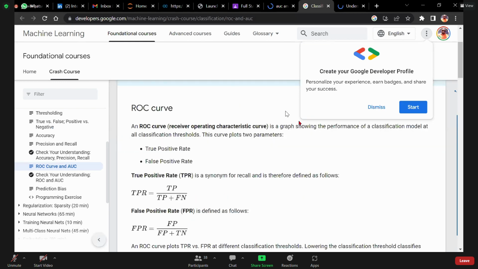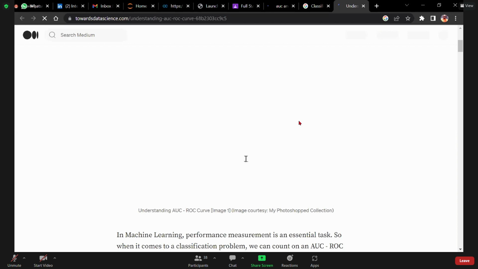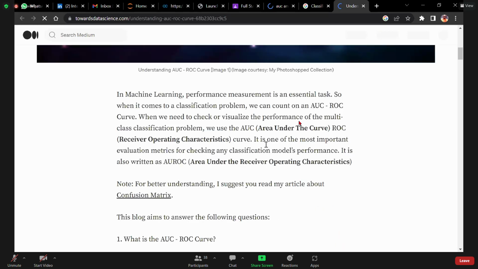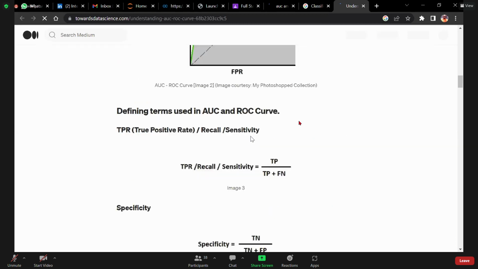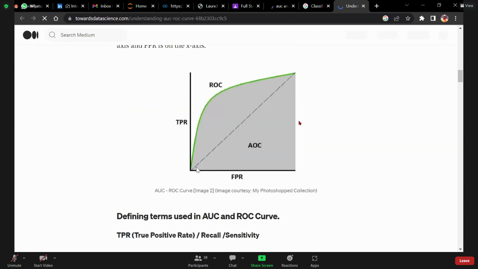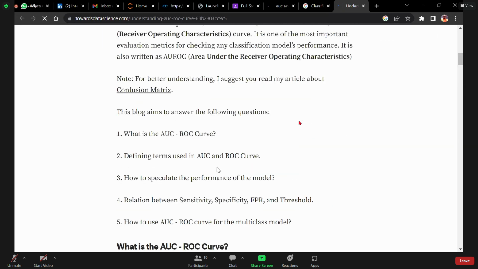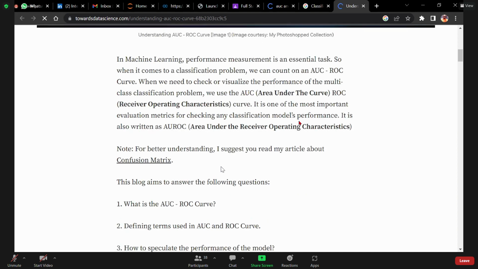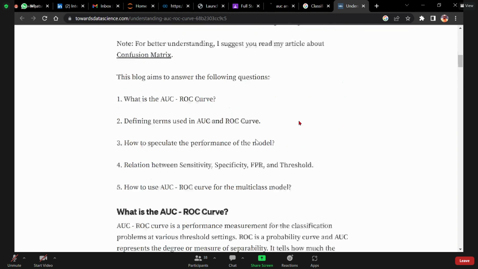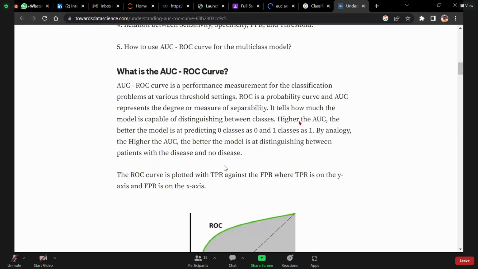Before I go ahead, I wanted to explain one thing. Now I wanted to show this graph, and for that I suggest reading the confusion matrix. Before that, listen to me. This is the graph. Right click, open image in a new tab. So this is the AUC.